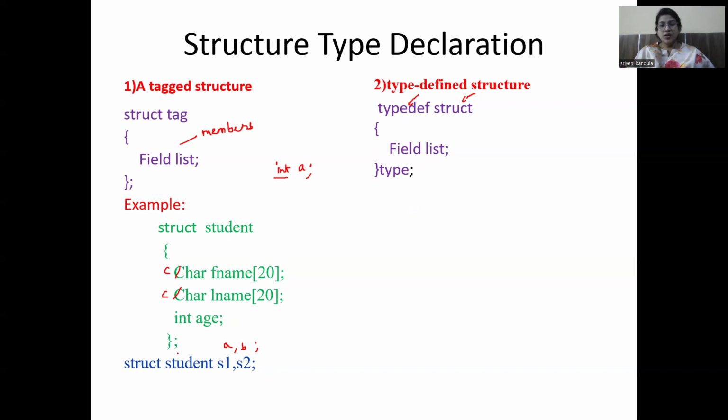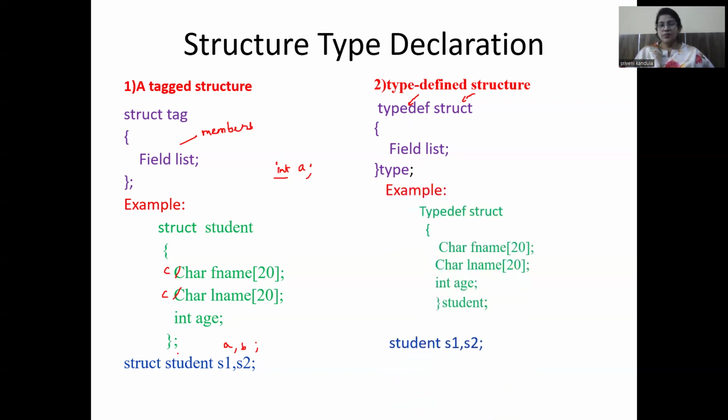Before this semicolon, I have to give the name of the structure. So here you can see I have used the keyword typedef, then the keyword struct, then I have given the set of fields that I require, and then the name of the structure, then I closed it with a semicolon.